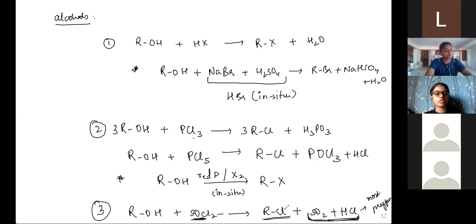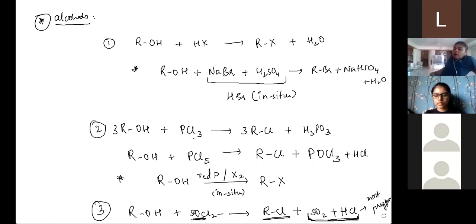There is no need of further separation. Okay, so this is preparation of haloalkanes from alcohols on a single page. Of course, you have details about order of reactivities and special reaction conditions and things like that.